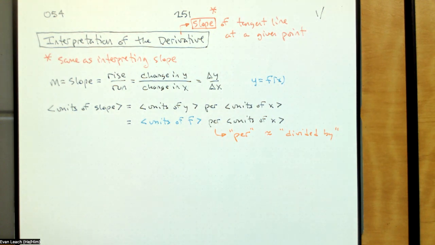When we talk about percent, we divide that by 100. 72% is 72 per 100. 72 divided by 100.